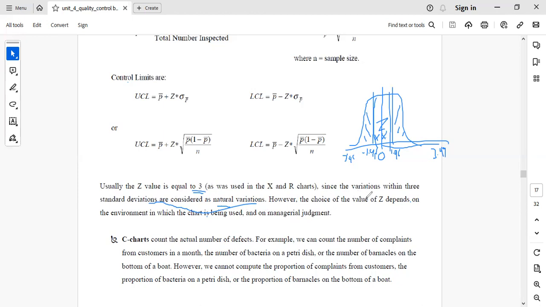However, the choice of the value of z depends on the environment in which the chart is being used and on managerial judgment. So you see, I've said in most cases we limit that to 1.5 on either side. But others will just choose to have it as 1.96 on either side, and that now will be 3.92.